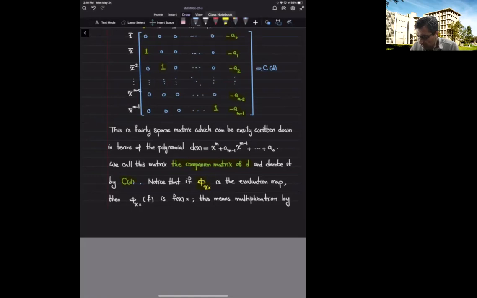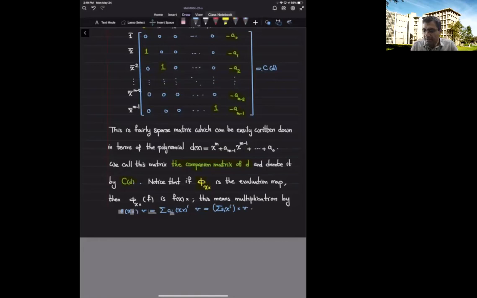We have to do the following. I give you a polynomial f, you plug in x multiplication, and then you feed it some vector. If f has coefficients c sub i, it's supposed to be the sum of c sub i times x multiplication to the power i applied to v. As you can see, this is the same as saying that I take c sub i x to power i and then multiply it by v because of the distribution property.